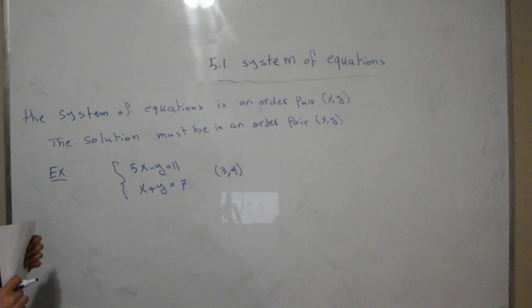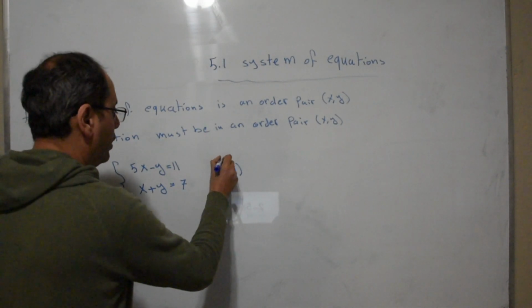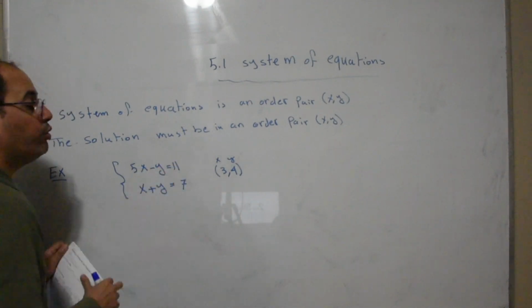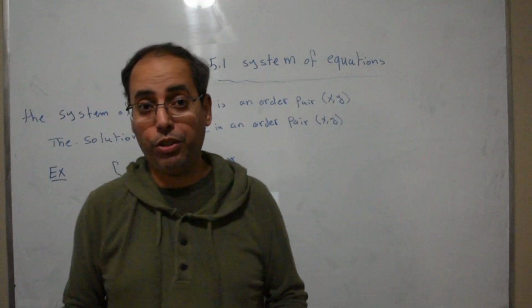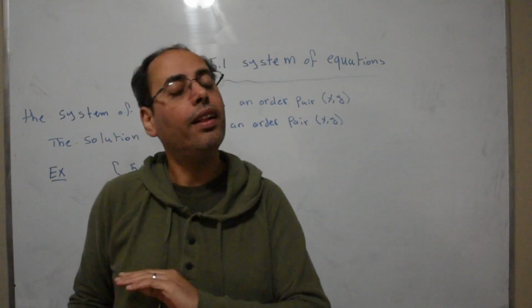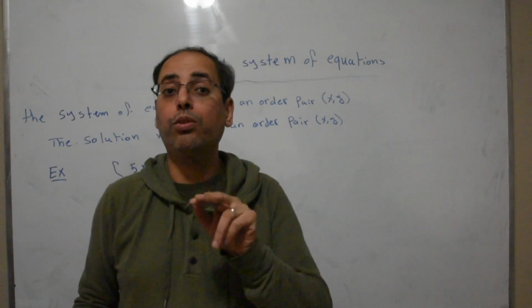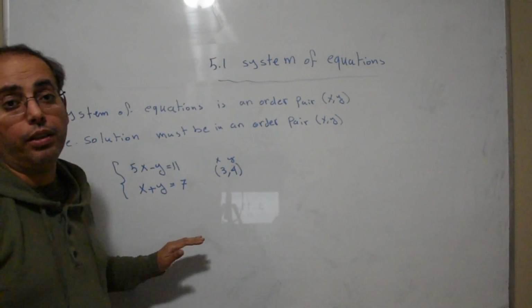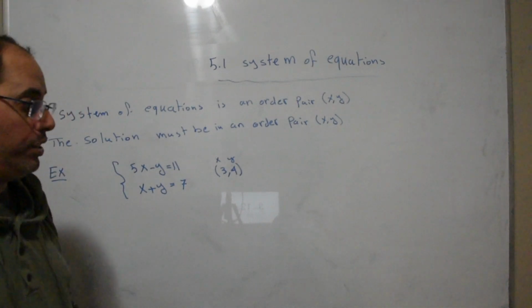So how can I do that? So 3 is x and 4 is y. I'm going to plug x is 3 and y is 4 in both equations. If the solution works in only one, that is not a solution. The solution must work in all the equations of the system.